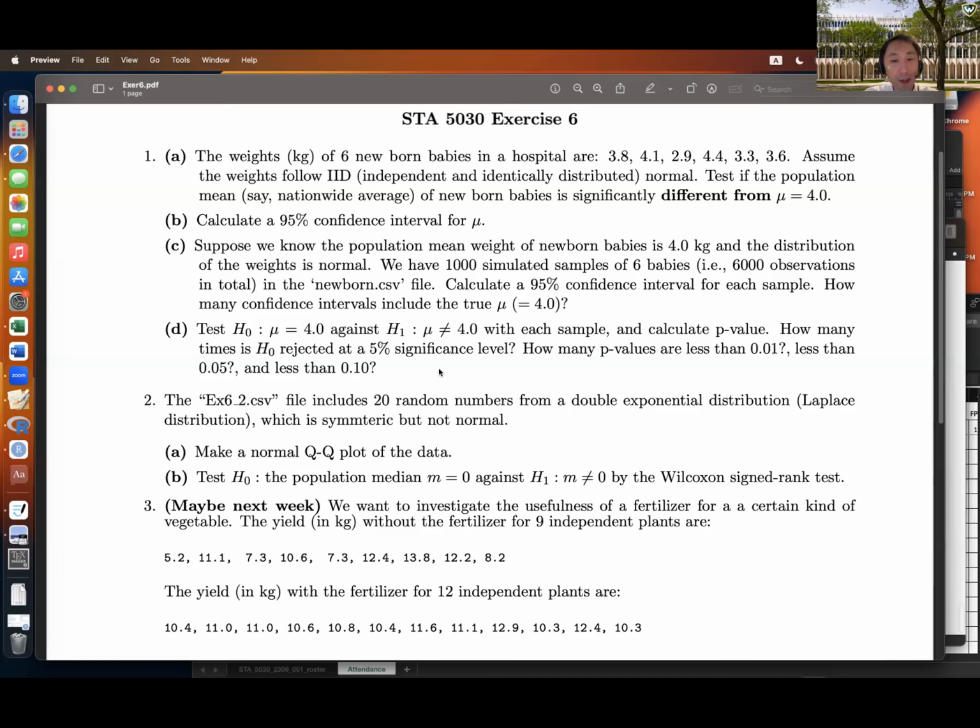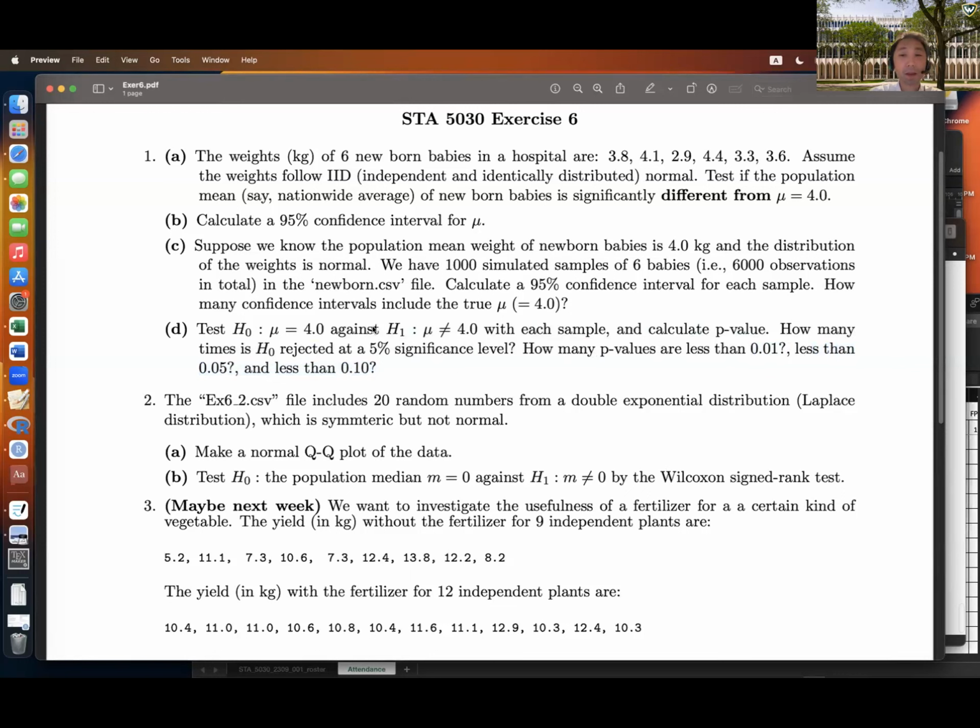So the probability that a more extreme event happens is between 0 and 1, uniformly distributed. So the p-value has a uniform distribution. That means 1% of p-values should be less than 0.01, 5% of p-values less than 0.05, and 10% of p-values should be less than 0.1.